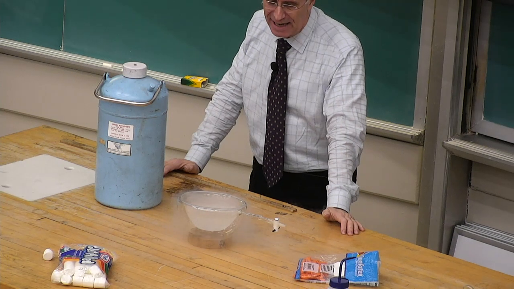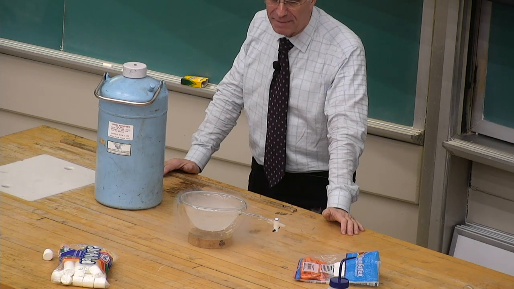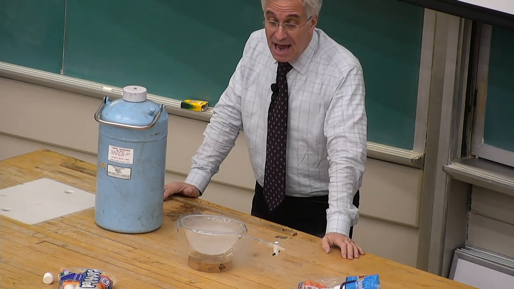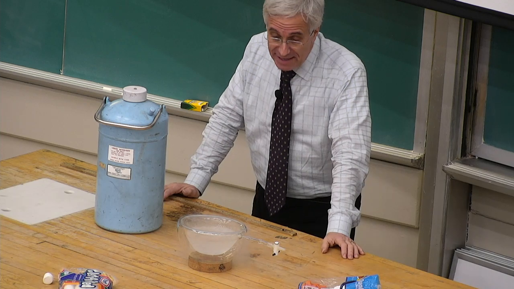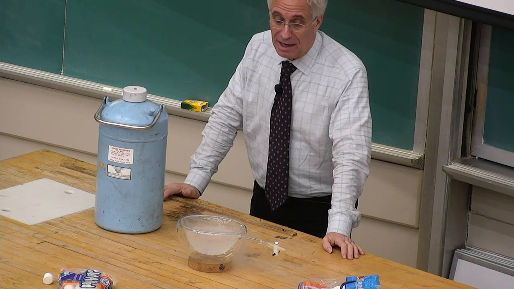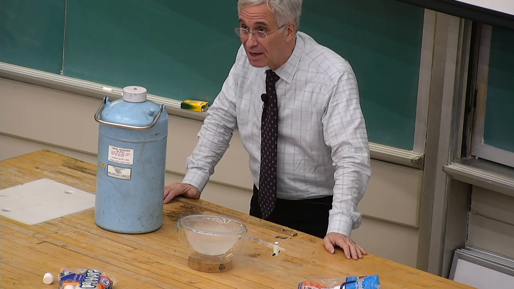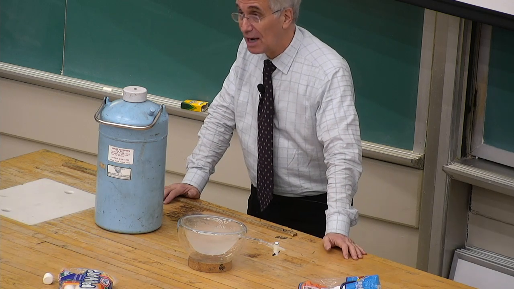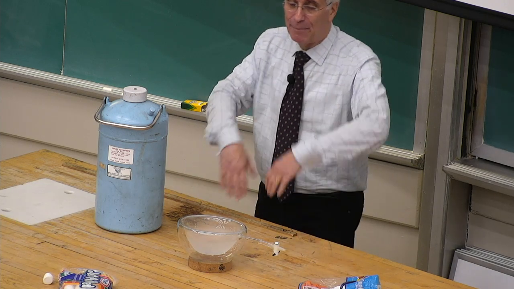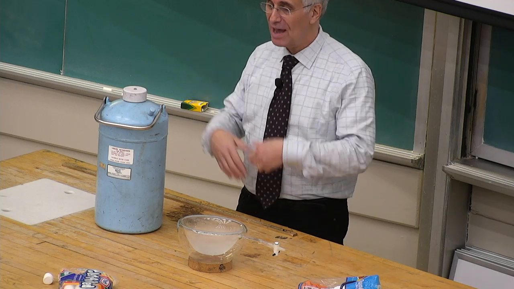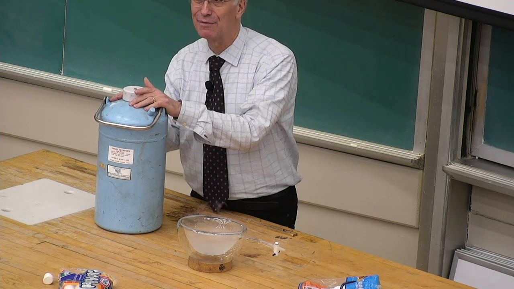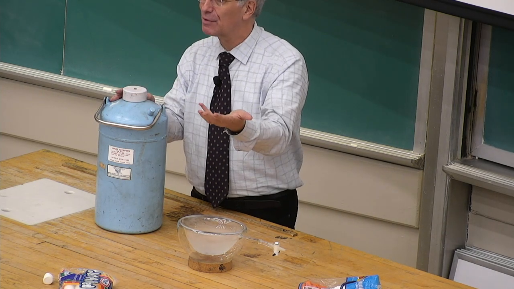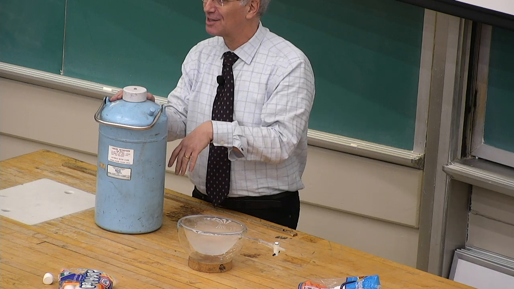That's the easy stuff to make, and that's what they used to use long ago to make really cold things. The problem with liquid air is it's primarily a mixture of liquid nitrogen and liquid oxygen. And liquid nitrogen boils more easily than liquid oxygen. The nitrogen evaporates more readily. And so if you have a container of liquid air sitting around for a while, the nitrogen leaves first, and you're left with liquid oxygen.